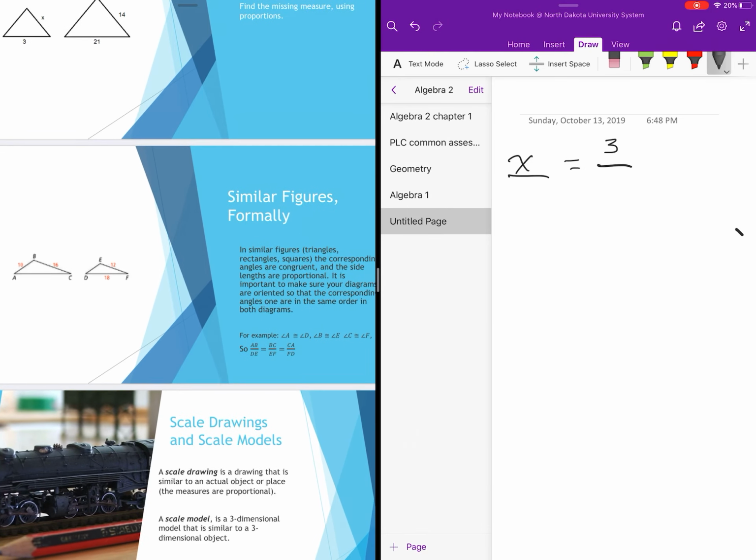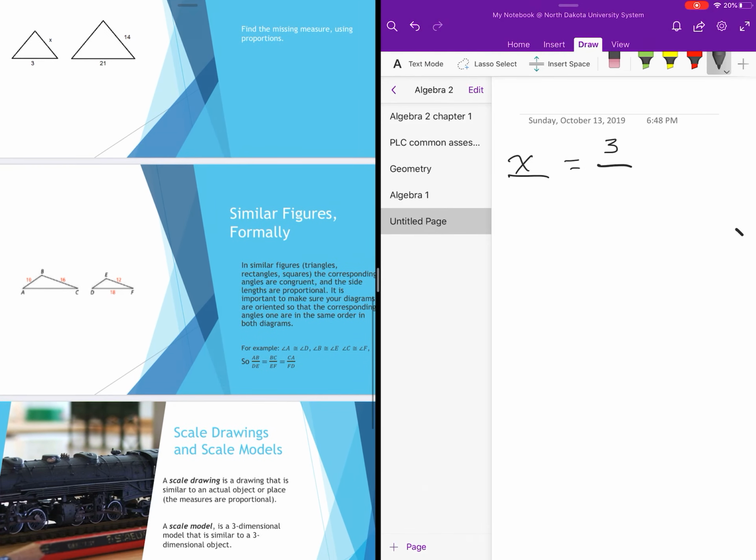So one other thing we have to really be worried about with similar figures: look at these two triangles, and again they're a little bit blurry. We have two triangles that look to be similar in shape, right? And they are. They're not exactly the same size, but notice that one has its angles, I'm just going to write them in.